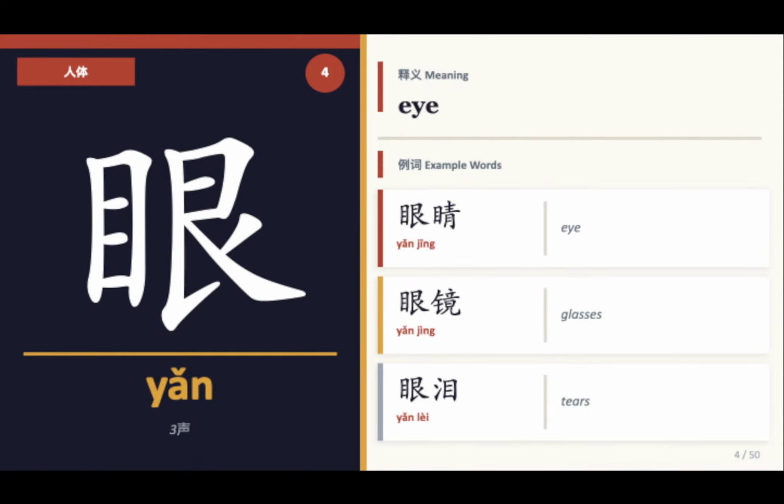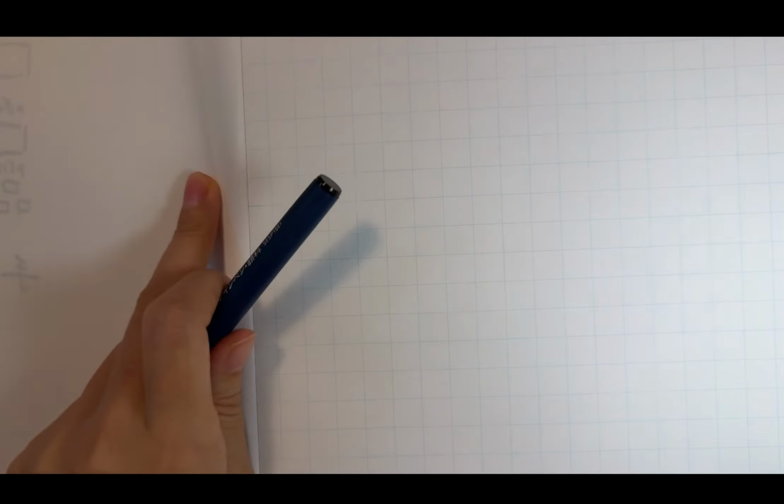The next one we have is 眼. 眼 means the eye. We have the word 眼睛, which is the eye. And if you change the tone and the character, 眼镜 is glasses. And tears are 眼泪, with the water and the eye. Okay, let's see how to write the 眼.